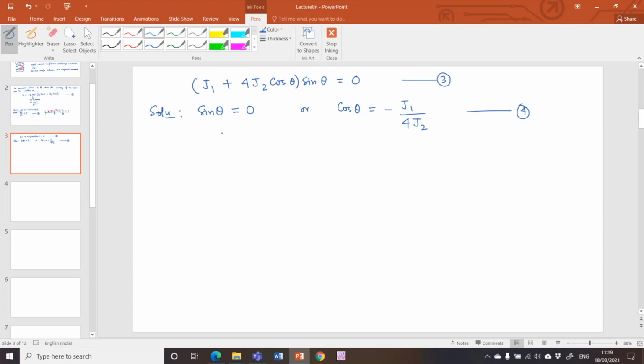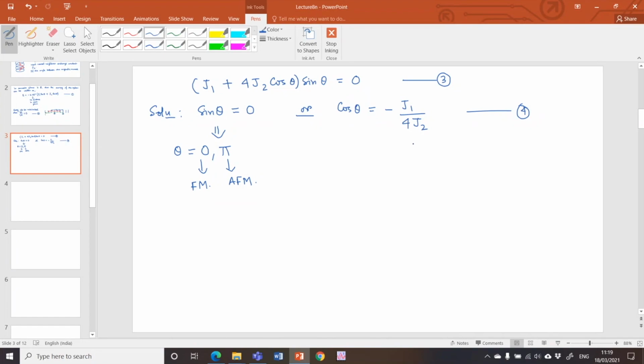If sine theta is 0, that means we have two possible solutions: either theta is 0 or theta is pi. If theta is 0, that means it will be ferromagnetism, and if theta is pi, then this will be antiferromagnetic ordering.